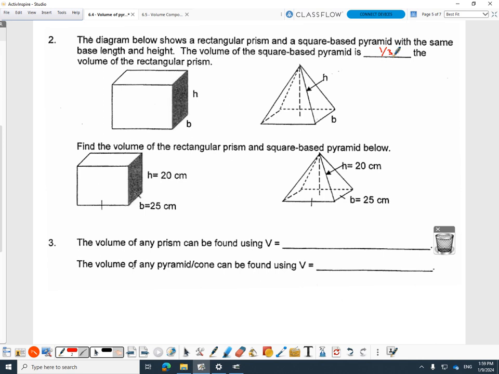So it says find the volume of the rectangular prism and square-based pyramid shown below. Sorry, is it my writing? No, it was just the cursor. Oh, good. So, volume of a rectangular prism. Does anybody know the formula without looking?